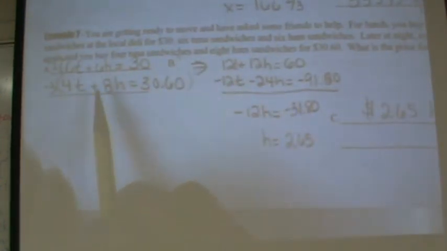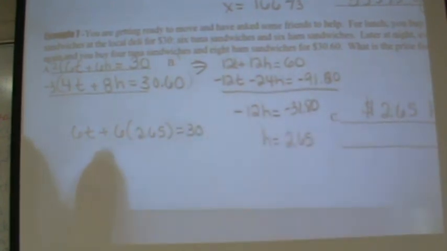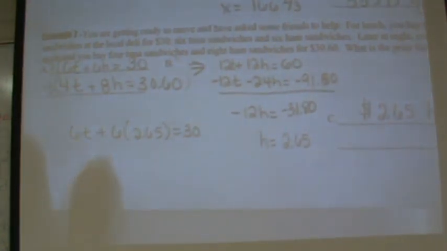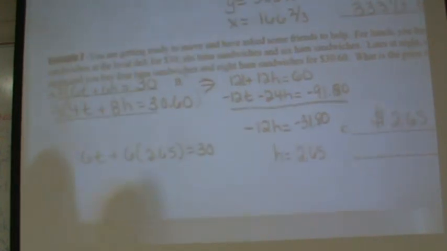I would plug it in wherever you want. I'd probably plug it in here. So 6t plus 6 times 2.65 equals 30. You could do that on your calculator. So 6 times 2.65 is 15.90.